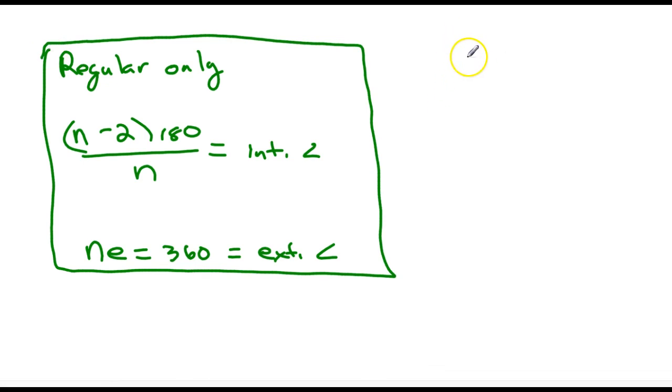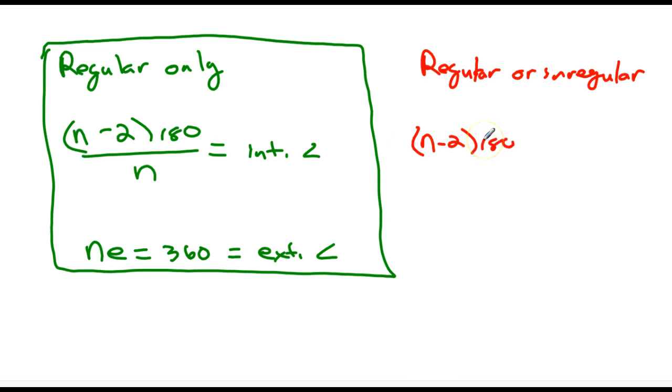Now if you want to talk about regular or irregular, then we can say n minus 2 times 180. That gives you the sum of all angles.